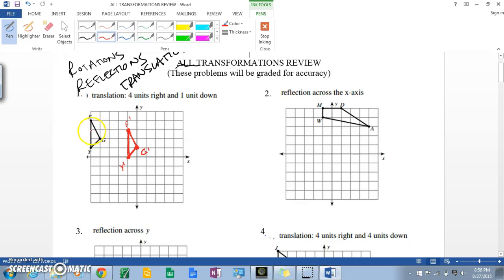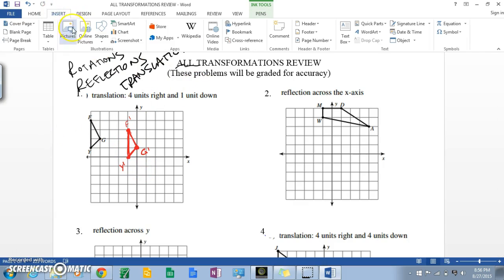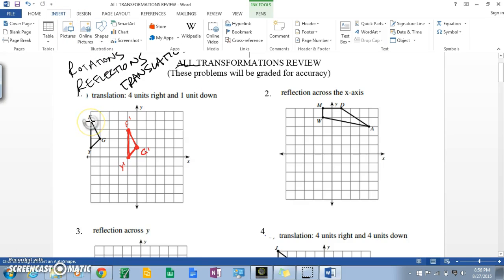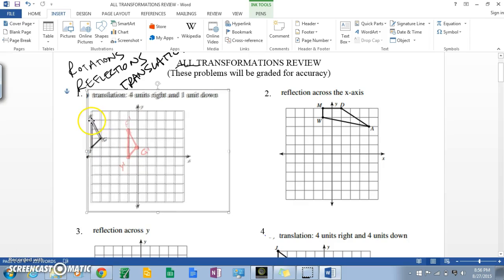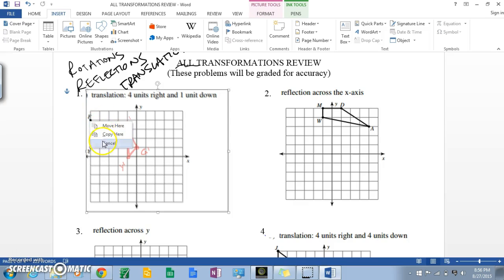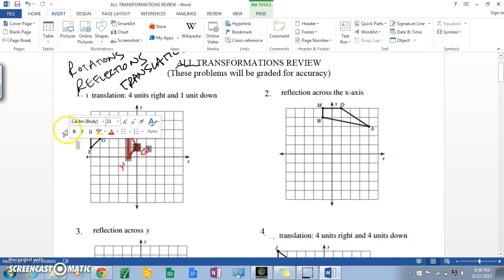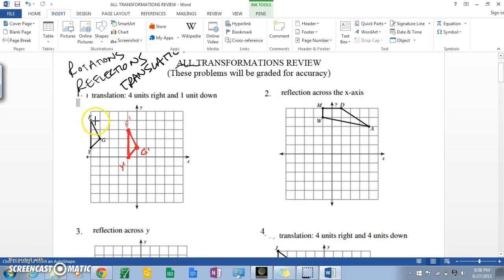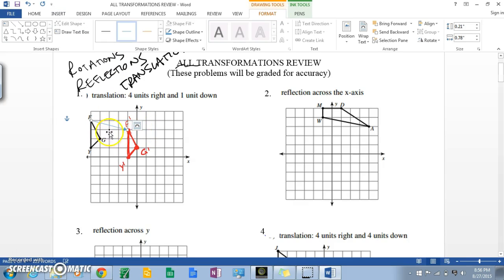And you see that this image just slid down here. If I had to show you with an arrow, I started here. If I could add an arrow in here, you can see my arrow just moved F from here to here.